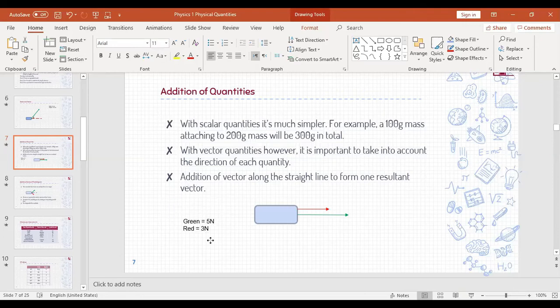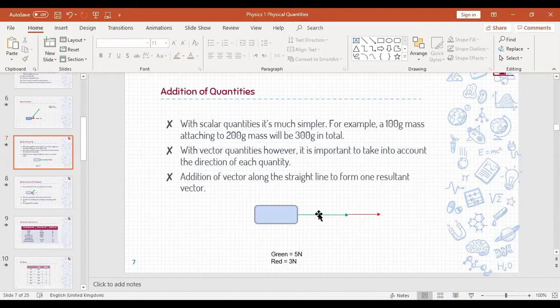All right, now if we're supposed to find out a resultant vector on this, we're just simply going to add these two forces since they are in the same direction. So we're just simply taking the 3, adding it to the 5.